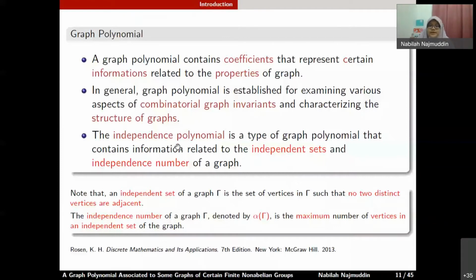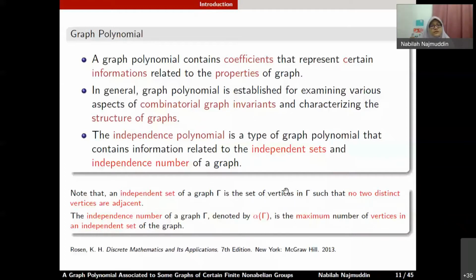Note that an independent set is a set of vertices from the graph in which no two distinct vertices are adjacent, meaning the vertices in an independent set are not connected to each other. The maximum number of vertices in an independent set, that is the biggest size of independent set, is called the independence number, denoted by alpha of gamma.